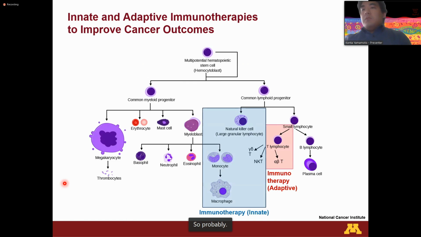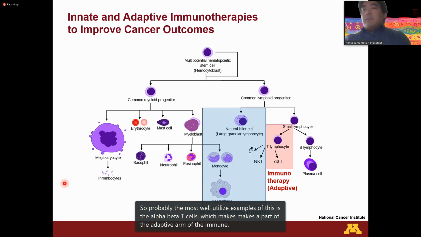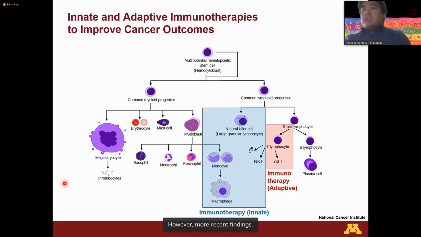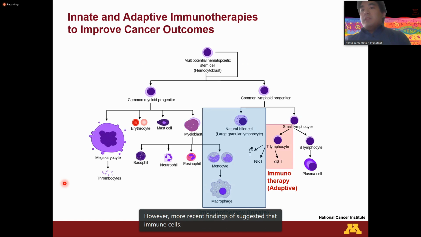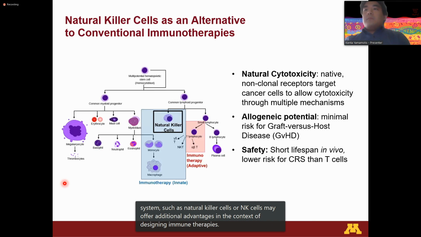So probably the most well-utilized examples of this are the alpha beta T cells, which make up part of the adaptive arm of the immune system. However, more recent findings have suggested that immune cells from the innate arm of the immune system, such as natural killer cells or NK cells, may offer additional advantages in the context of designing immunotherapies.